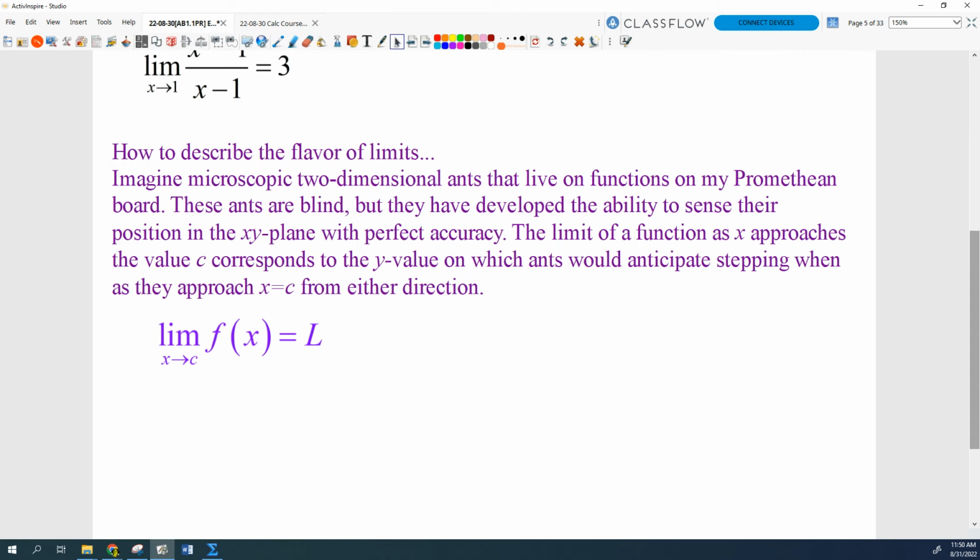We want to leave this very general, so we just say C. So we would say this: the limit of f of x as x approaches c is equal to L. In other words, L would be the y value that the ant thinks he's going to step on when he steps on x equals c. We'll get lots of practice with this.